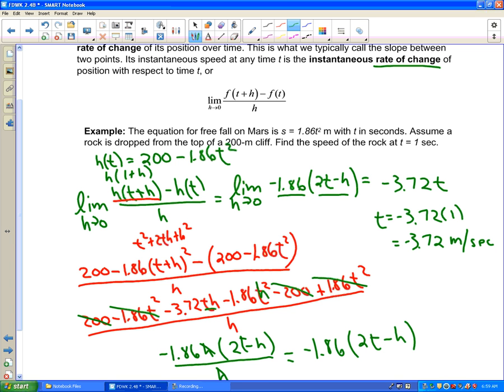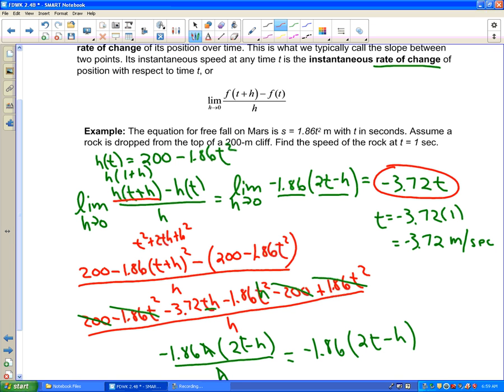It's true that that would give us the answer for this particular problem and avoid having to work with so many variables, but when we use the t plus h, that allows us to get to an expression that represents the speed at any time t, the instantaneous rate of change.